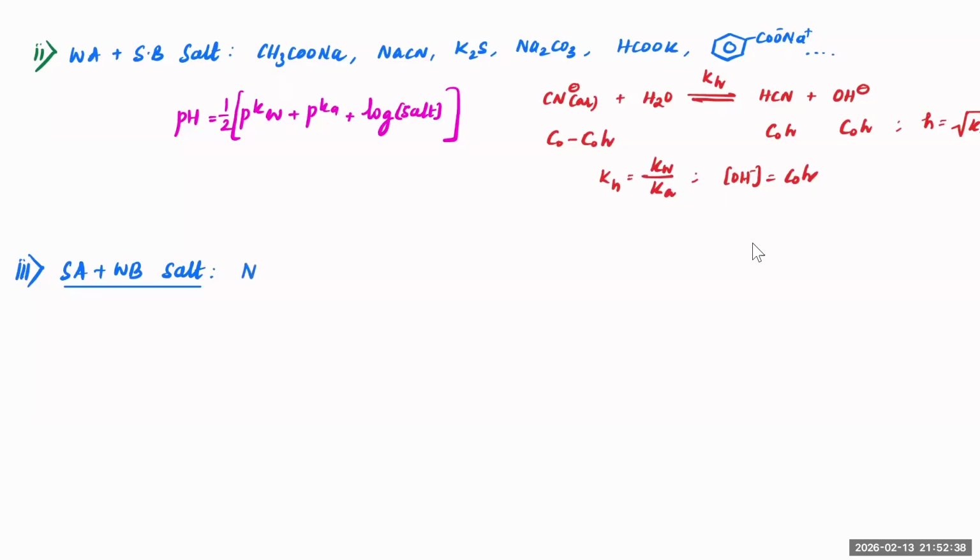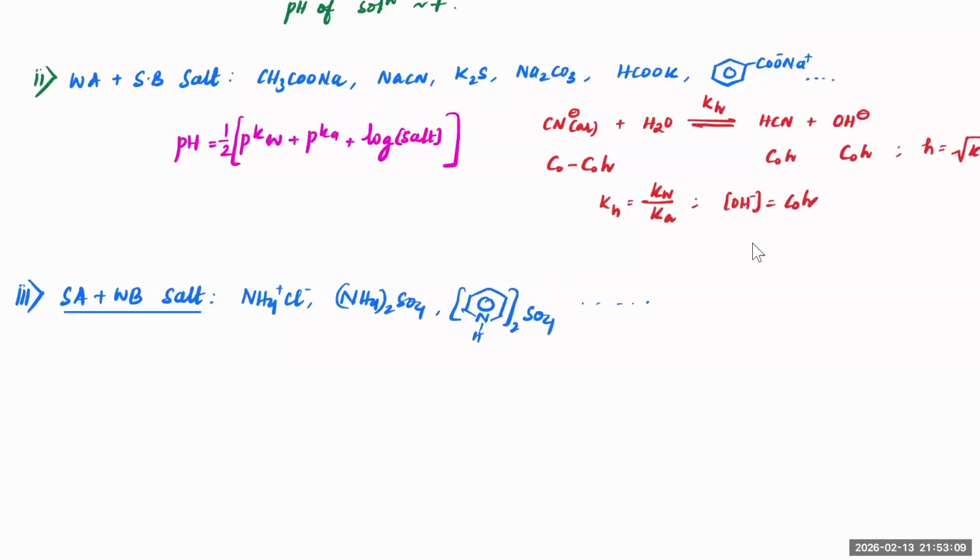So that means you have ammonium chloride, or ammonium sulfate, or anything like pyridine, pyridinium sulfate or pyridinium nitrate, anything like that. These are combinations where you have a strong acid and a weak base salt. Now, this would give you this particular pH.